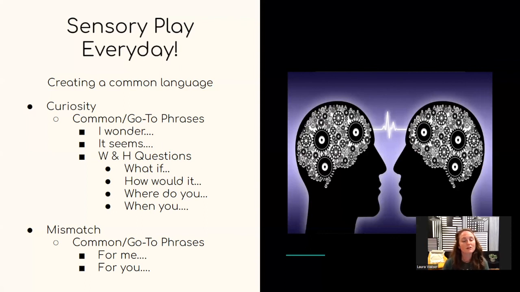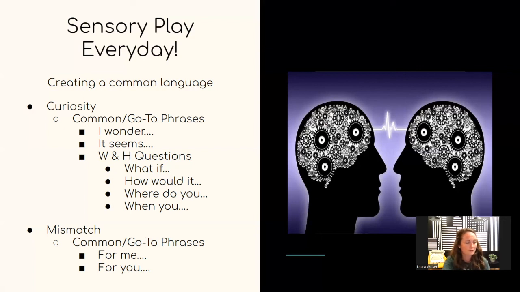So what if you cover your ears? Does that help? How would it feel if you filled your belly with food? Where would you climb if you were outside? When you plug your nose, does that help? So we're giving language and then also a skill or a tool, or we're supporting them to figure out how do I work through this.